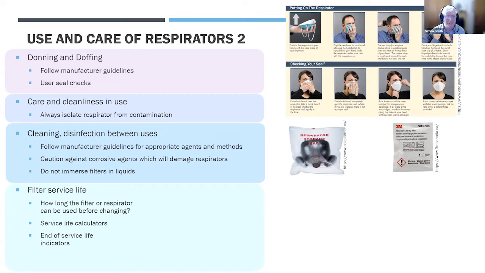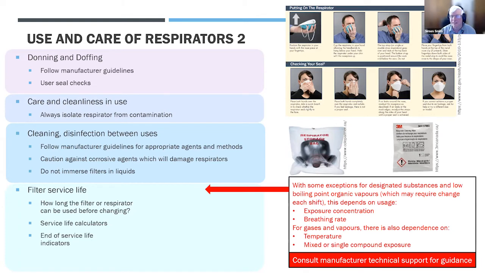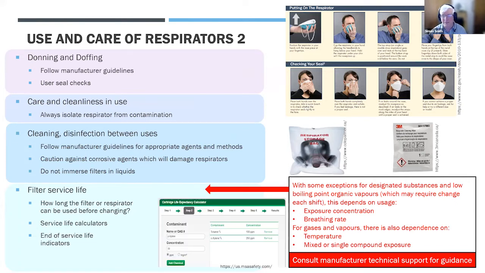Big question is, for a reusable respirator with changeable filters, how long can it be used? Generally, there's guidance available from manufacturers where you can provide information on exposure conditions and the breathing rate, and this can then be used to advise on appropriate change-out schedules.